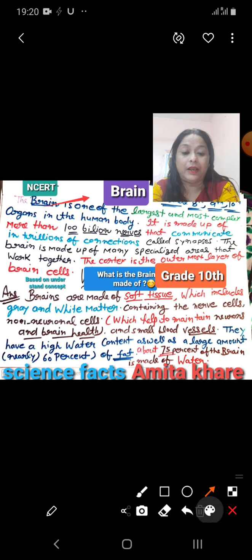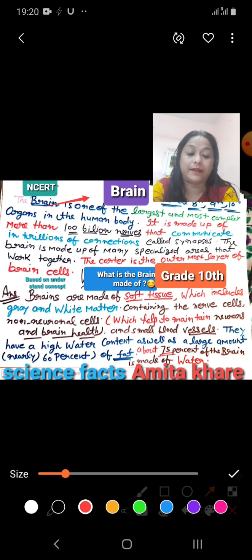It is made up of more than 100 billion neurons, nerve cells, that communicate in trillions of connections called synapses. So how can we define a synapse?